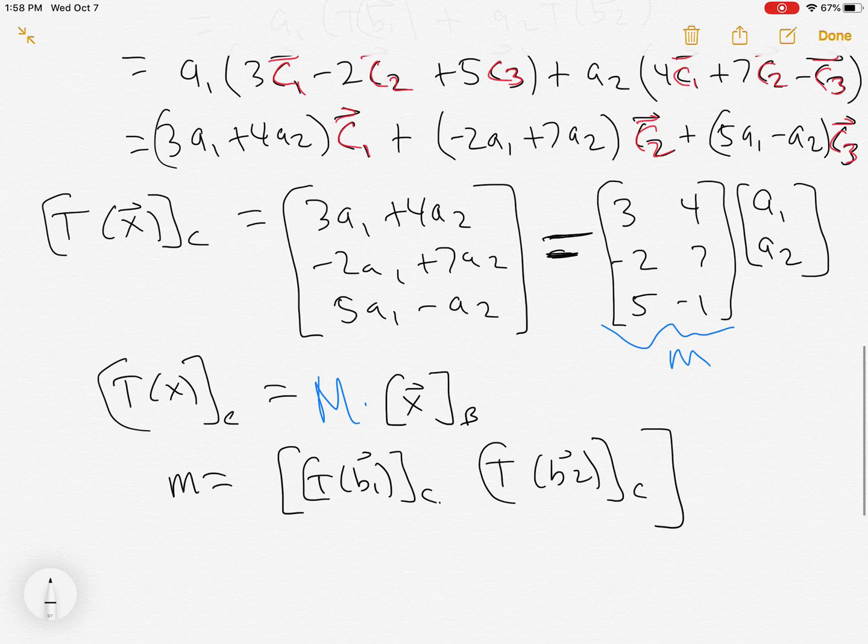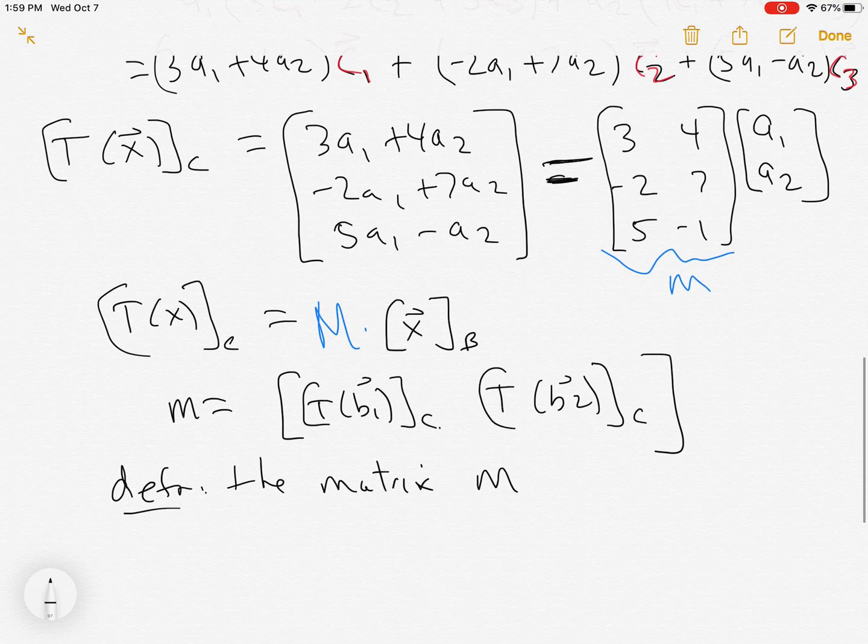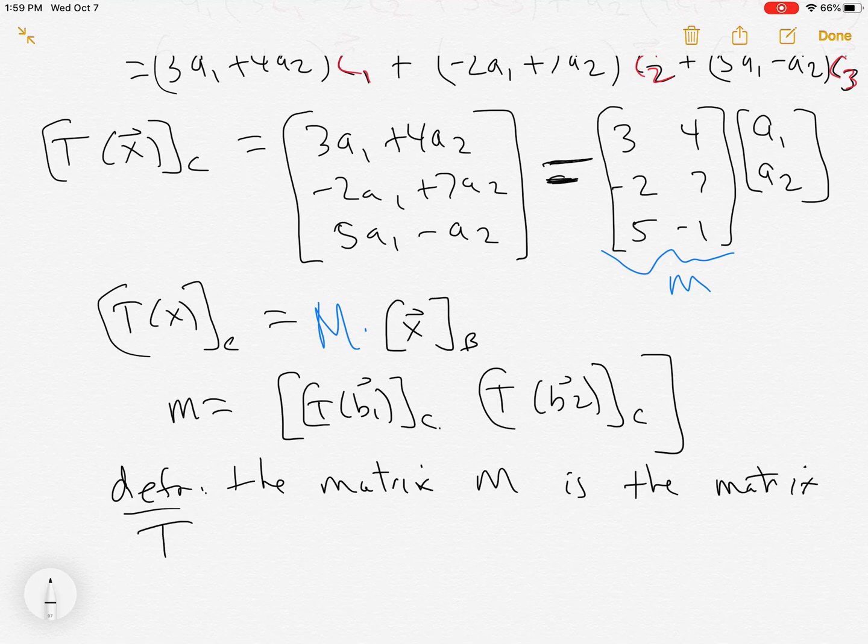And so this matrix M, by definition, is the matrix for the transformation T relative to the bases B and C.